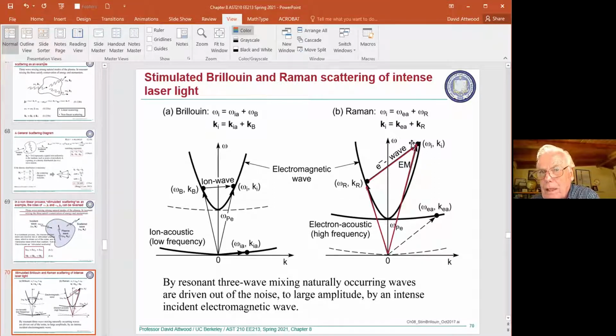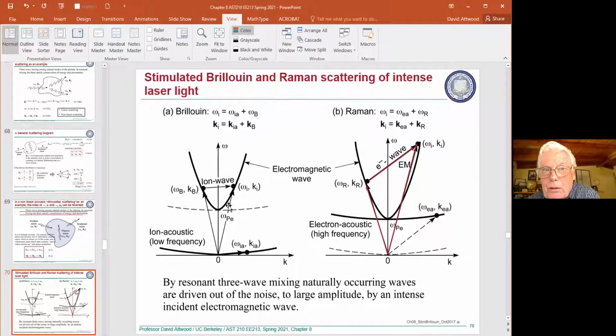Okay, the relationships here. This is one where we're devolving from the incident radiation into the other two waves. And these are the vector relationships that occur in both cases. And I'll just look at the one, let me say, in the Brillouin case, this is such a small frequency shift that the magnitudes of the other two wave vectors are pretty similar, okay?